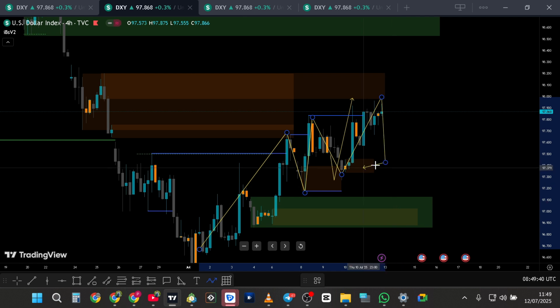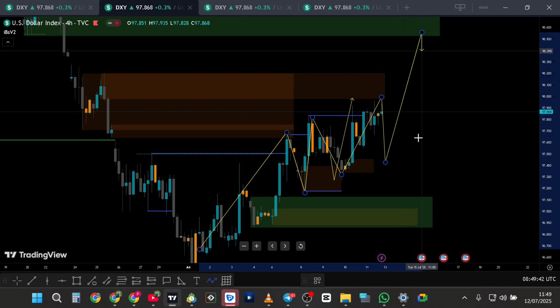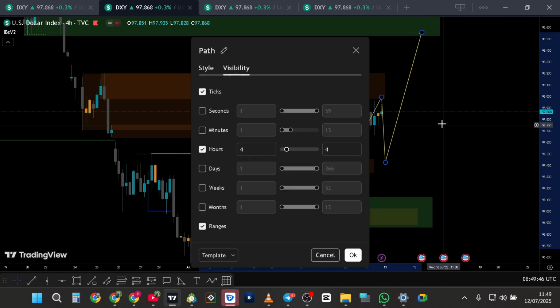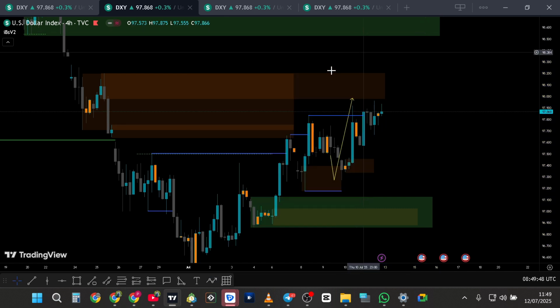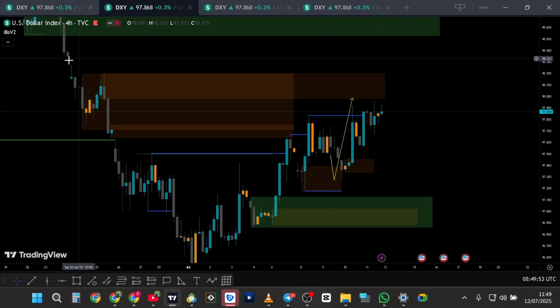But I'll be expecting it to react here, and then continue to the upside. Another reason for expecting it to come up is because of this gap. I'm expecting it to come and cover it before we continue to the downside.